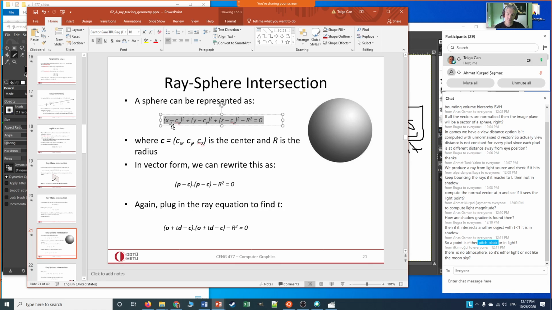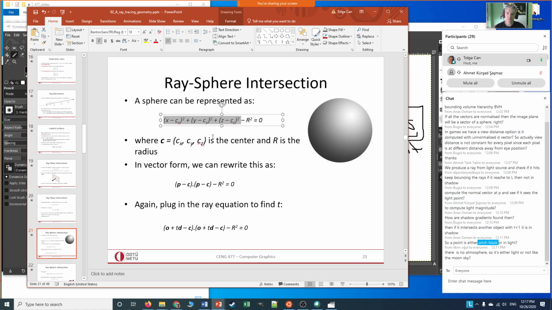As you can see, this is the squared distance. This part of the equation is directly the squared Euclidean distance of xyz to the center of the sphere. It's equal to the squared radius of the sphere.